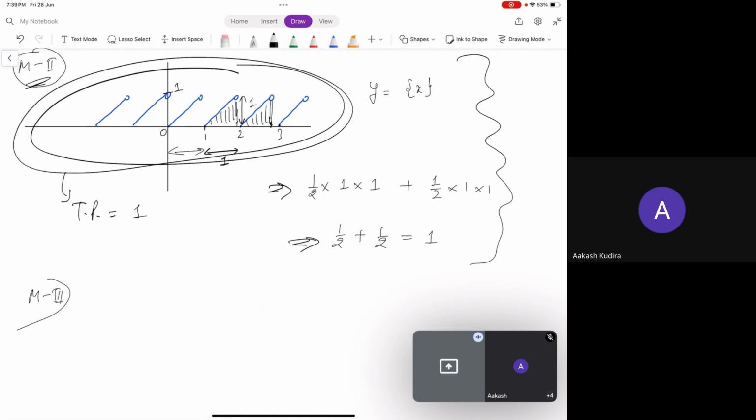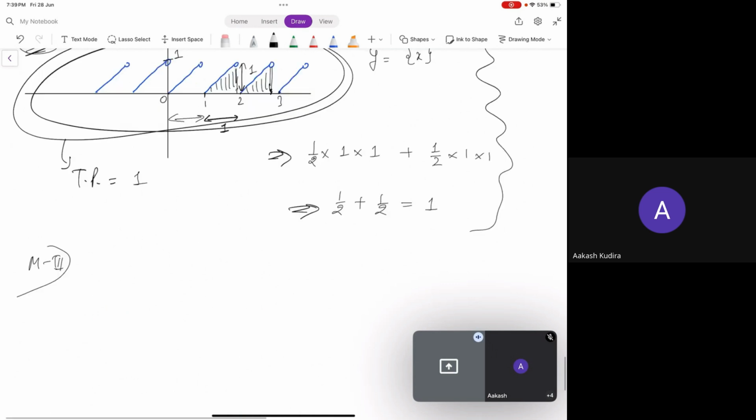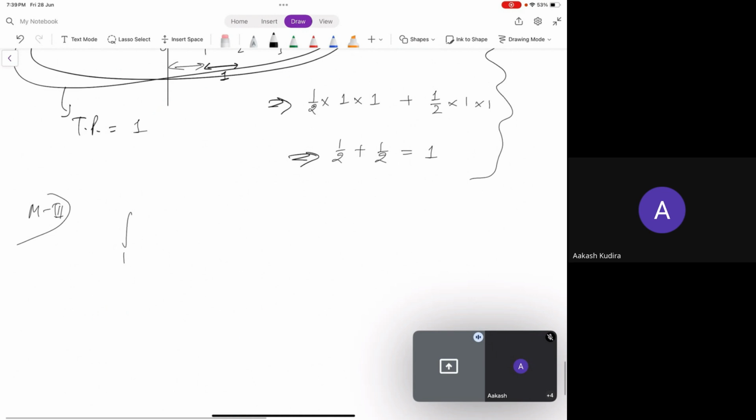Now I will use the property here. The question is integral from 1 to 3 of fractional part x dx. Now I write the integration limits like this, 1 to 1 plus 2 into 1, a little bigger because I want to explain it.